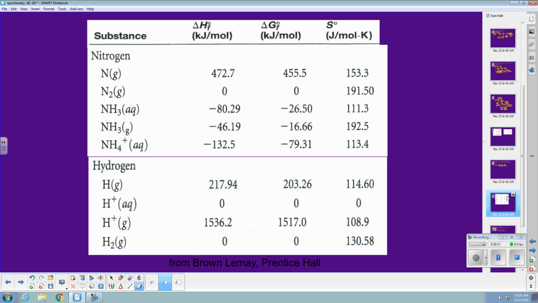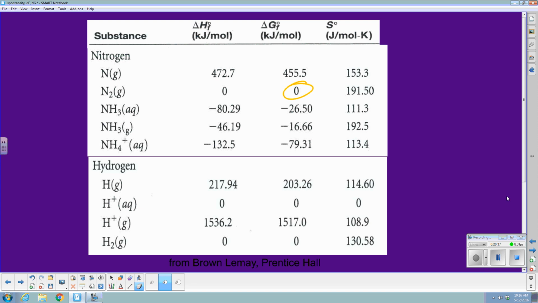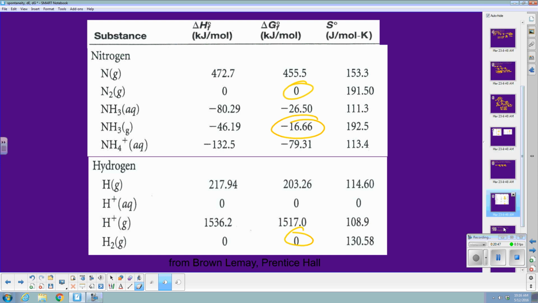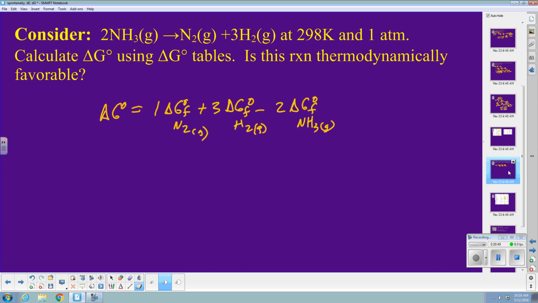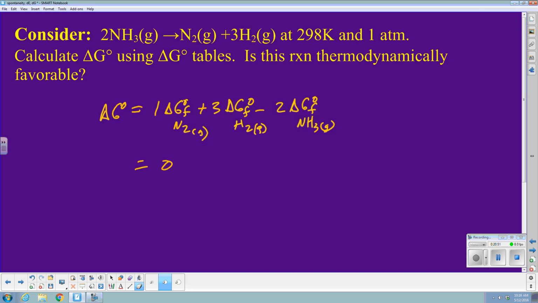And what do we see? My N2 is 0. My H2 is 0. And my NH3 gas is a negative 16.66. This is an easy calculation. So this is equal to 0 plus 3 times 0 minus 2 times a negative 16.66 kilojoules per mole.